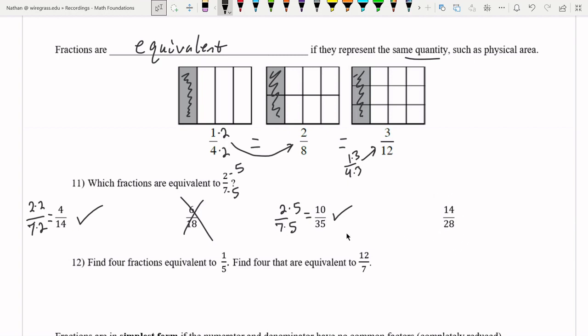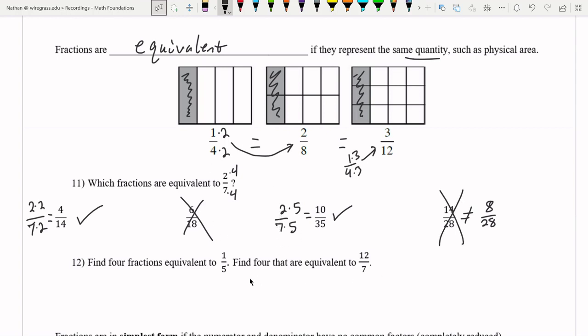Finally, for this one, we're going to ask the question, 7 times 4 is 28. Yes, 7 times 4 is 28. 2 times 4 is 8. This does not equal 8/28, which is what we should expect here. So no, that does not work.